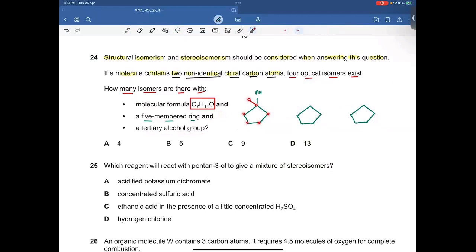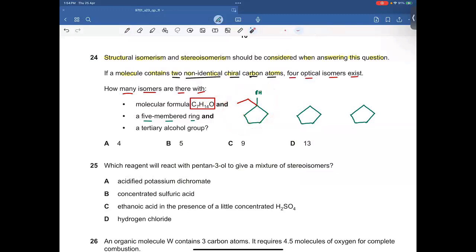We need 7, which means we need to add one more carbon atom like this. So how many carbon atoms here? 1, 2, 3, 4, 5, 6, 7 carbon atoms. Satisfied. Hydrogens: 3 plus 2, 5, 7, 9, 11, 13, and 1, 14, and 1 oxygen. So this is satisfied.